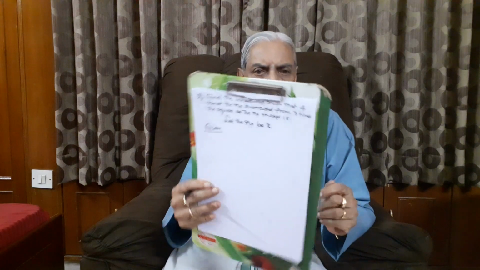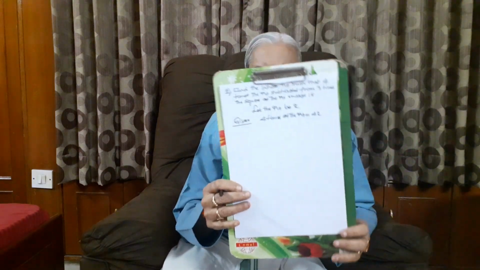Given. What have they given? 4 times the number equals 4x. Am I right? 4 times the number is how much? 4x.